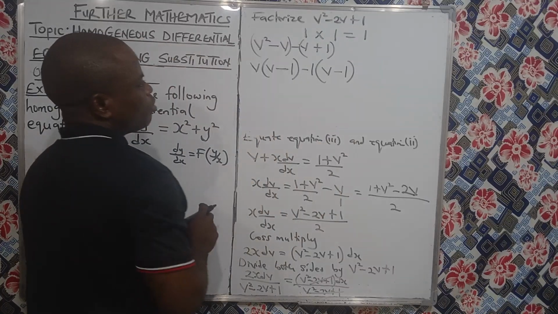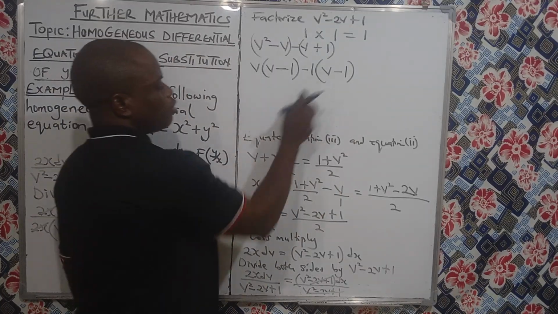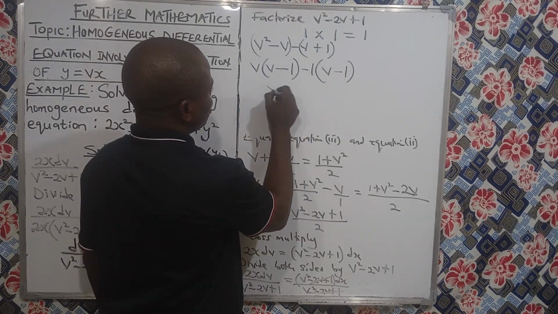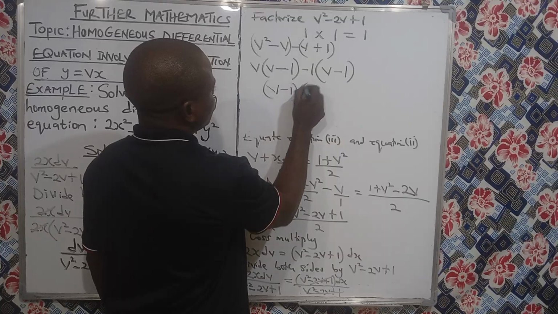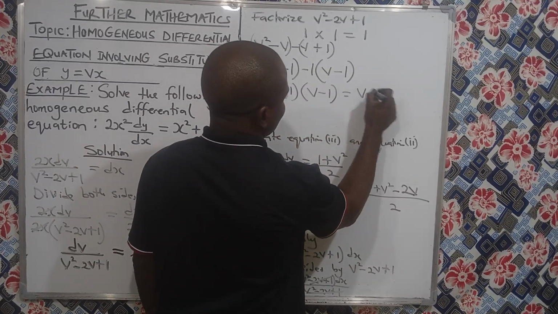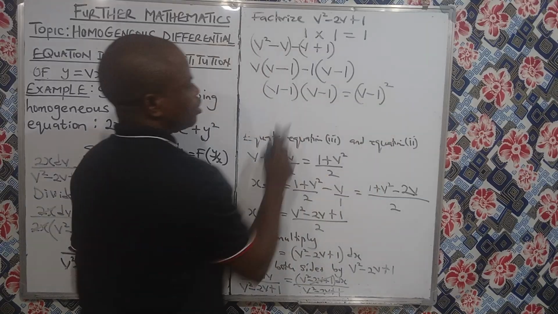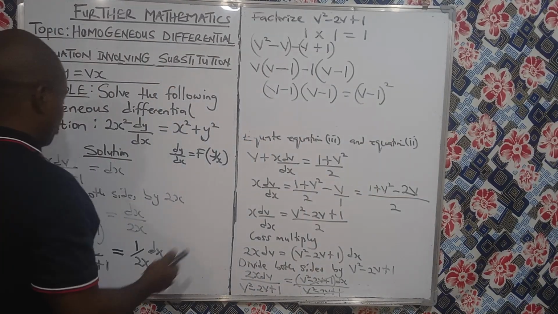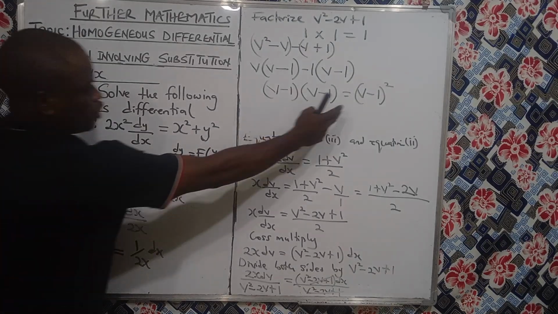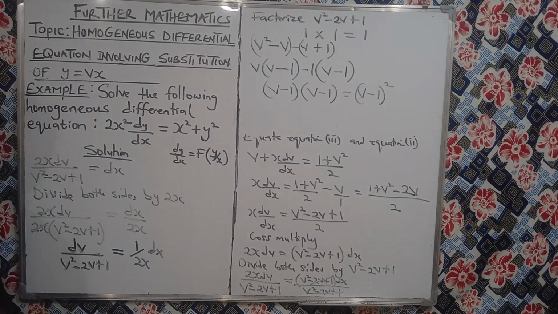When you are solving a problem like this, what's in the bracket must be the same. See that you have v minus 1 the same, you pick the 1 outside the bracket, v minus 1, which is v minus 1 squared, because they are both the same. I'm going to replace v squared minus 2v plus 1 with v minus 1 squared.